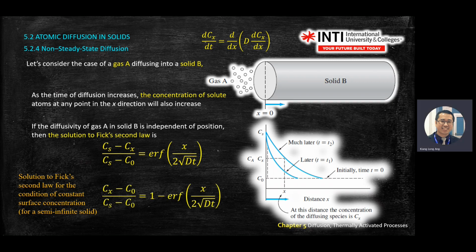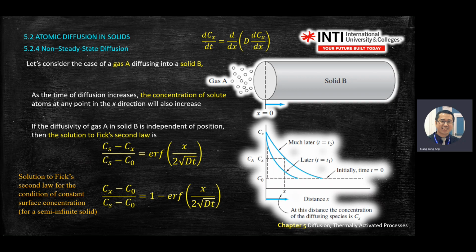So some textbooks give you a different condition. The same actually is the same equation. For example, the top one, you use CS minus CX.